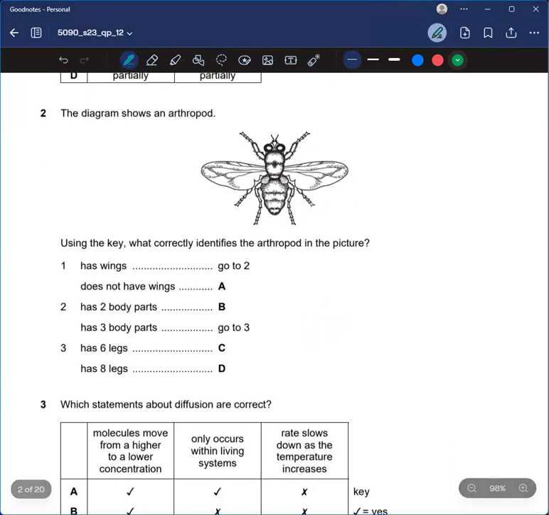Question number 2. The diagram shows an arthropod. Using the key, what correctly identifies the arthropod in the picture? All right, so has wings, which will go to 2, has 2 body parts, or has 3 body parts.